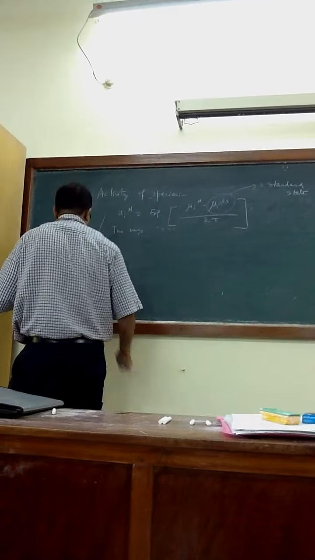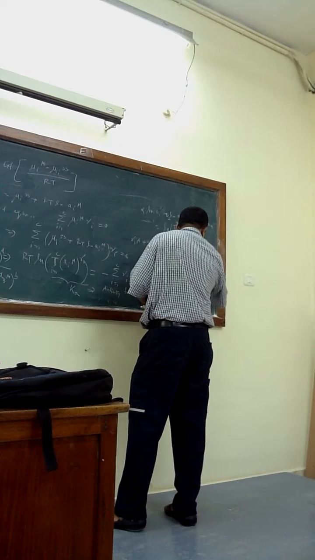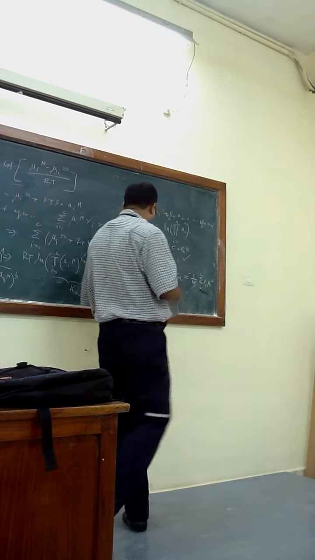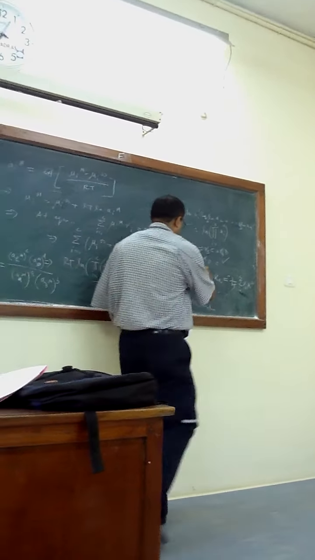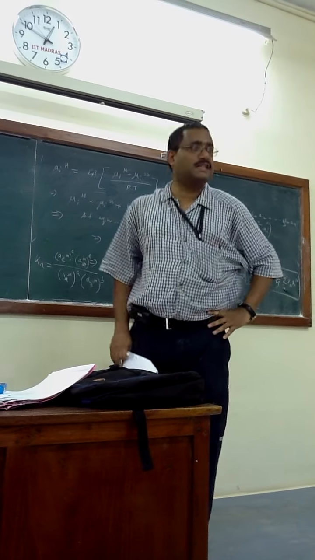And here we found the final relationship, which is ln Ka equals to minus 1 by RT summation I equals to 1 to C mu I. So what it says is that ln K will be changed based on SS, how you select SS.